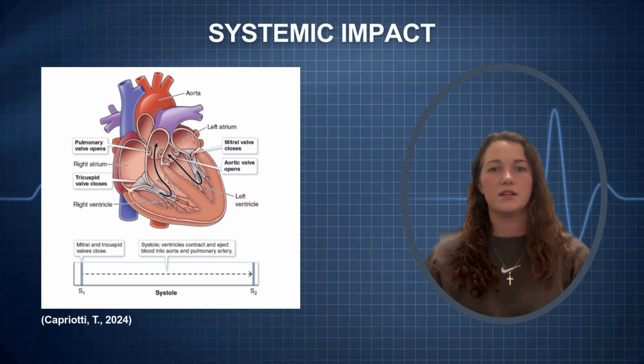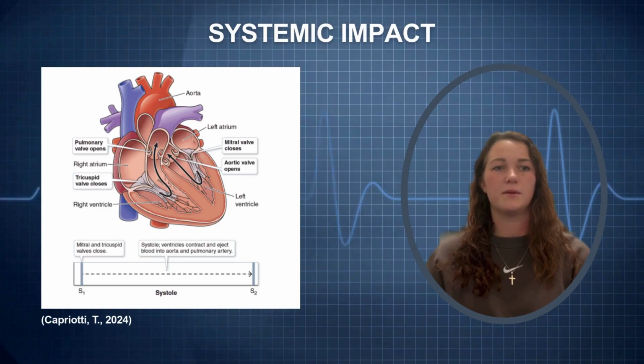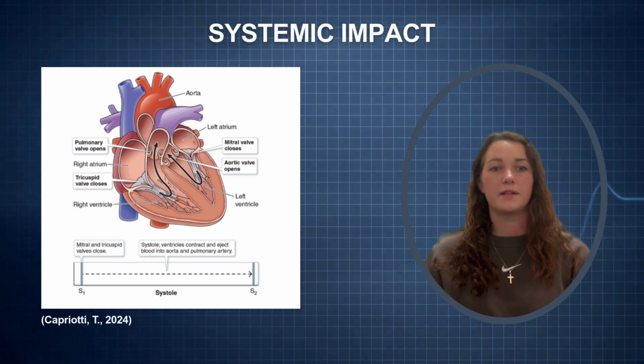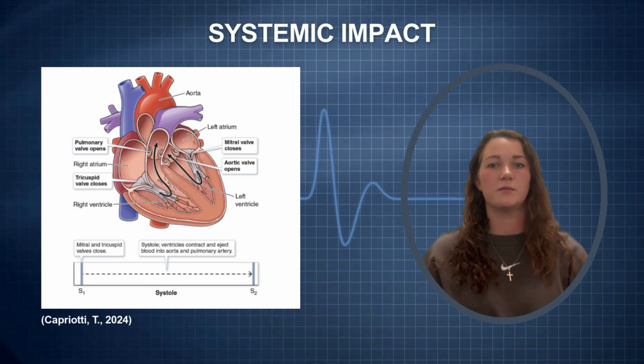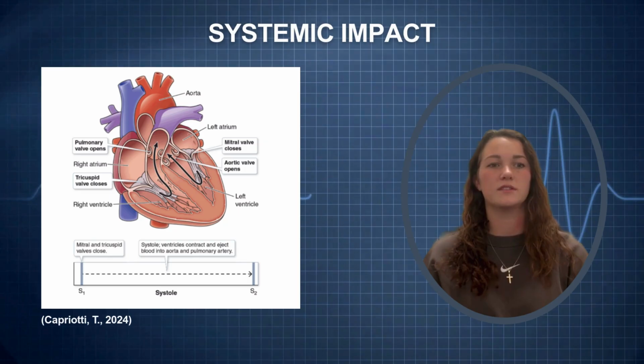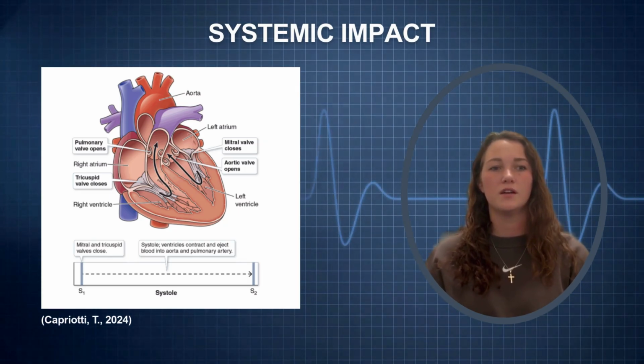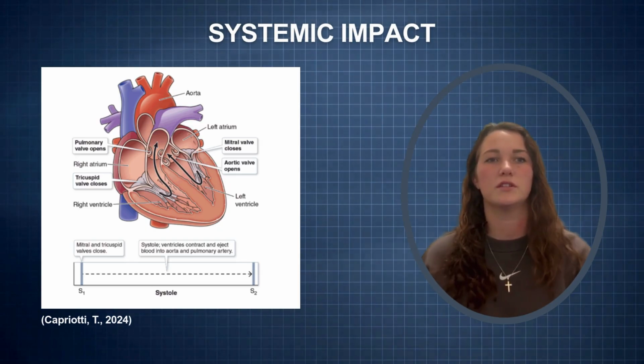This can cause dizziness and syncope, especially with activity. Overall, systemically, prolonged severe stenosis can progress to heart failure with clear signs of low perfusion, and patients often report persistent fatigue from reduced oxygen delivery to the tissues.